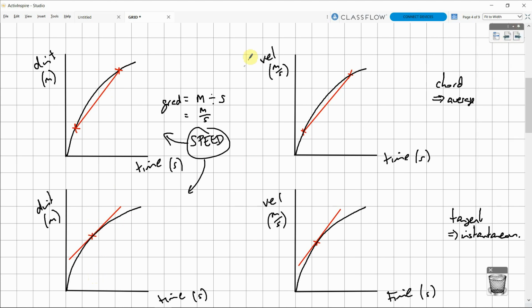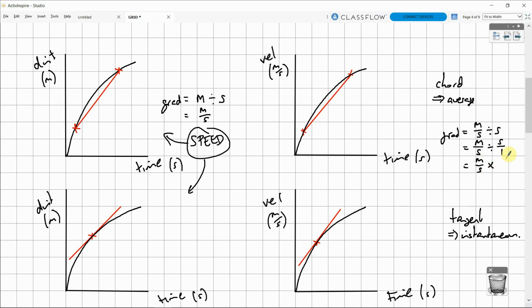Now, over here on the velocity time graph, the gradient equals the change in the vertical, the change in the y, which is measured in meters per second, divided by the change in the horizontal, or the x values, and that's measured in seconds. Now this is a little bit more awkward. Meters per second divided by seconds over 1, because it's like a whole number. Hopefully you remember how to divide by a fraction.